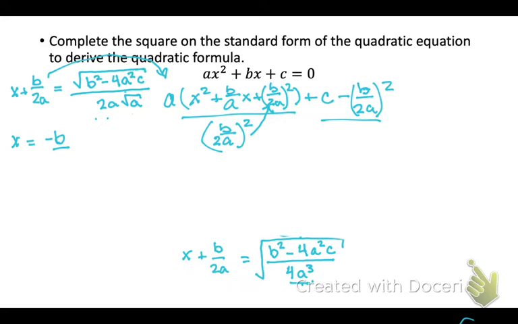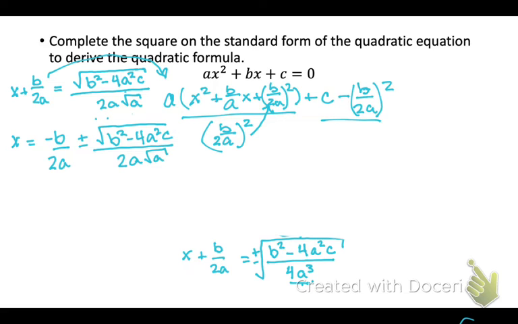Oh, when I take the square root, don't I do plus or minus? Yeah, I forgot that. Okay, negative b over 2a, plus or minus the square root of b squared minus 4a squared c, all over 2a square root of a.